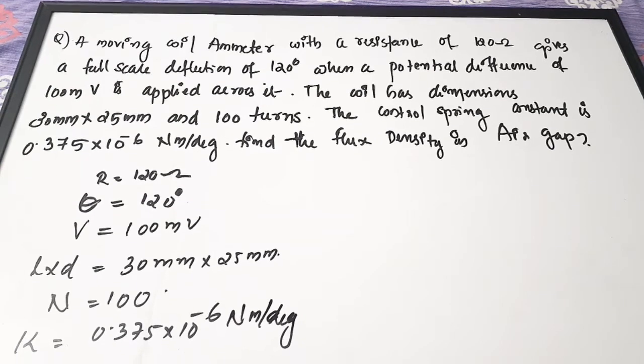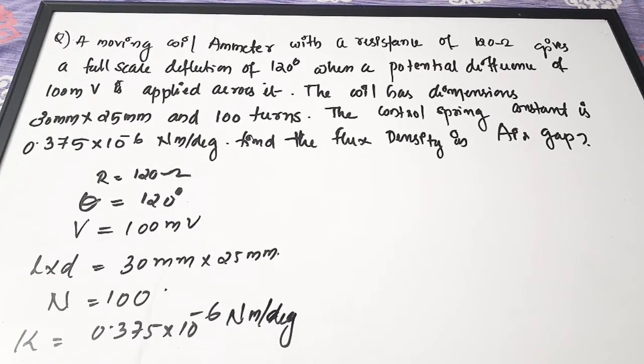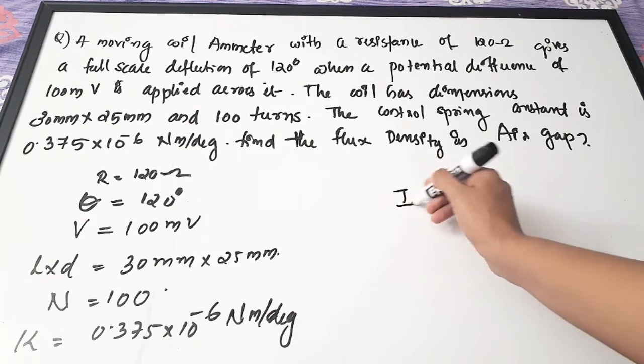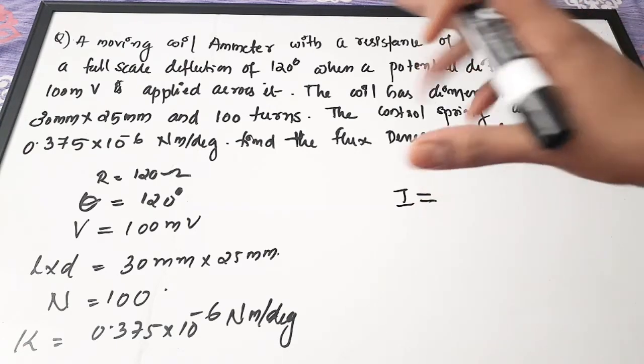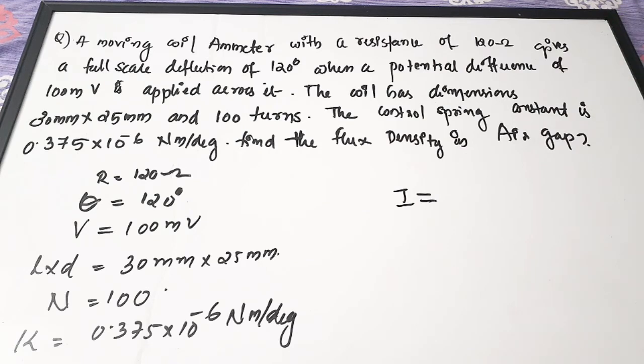Now these are the given values. First I am going to find the value of current I, because I have been given the voltage and the resistance. So I can find the full scale deflection current, because it is given that this instrument is giving a full scale deflection of 120 degrees. So the current we will be getting is a full scale current.